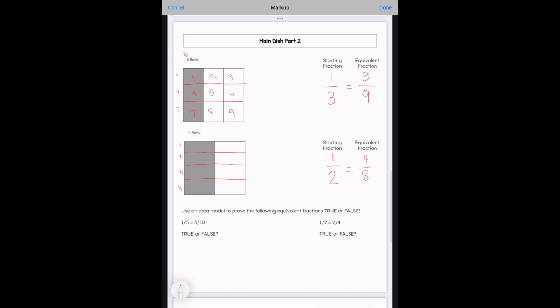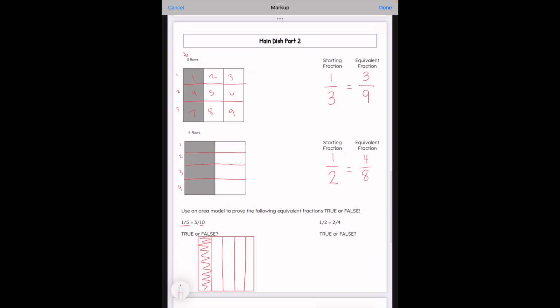We're going to use these models to help us determine if the following fractions are equivalent or not equivalent. So first, we're going to draw out the first fraction, the 1/5, by drawing our model, creating the 5 equal parts, shading in the 1, and now I'm going to need to make it turn into 10 pieces.